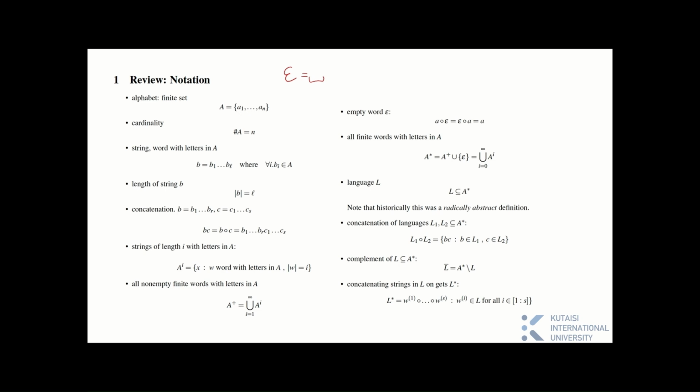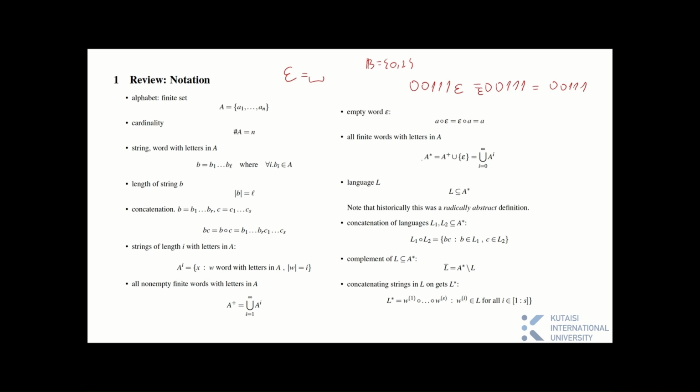So you have a string, let's say again my alphabet is 0, 1, and if you have this string here and I concatenate it with epsilon, epsilon basically means there's nothing there, it just stays the same. And I can do it on the other side as well, and it still stays the same. So this is what an empty word is. It's just a formal definition. There's nothing deep to it.